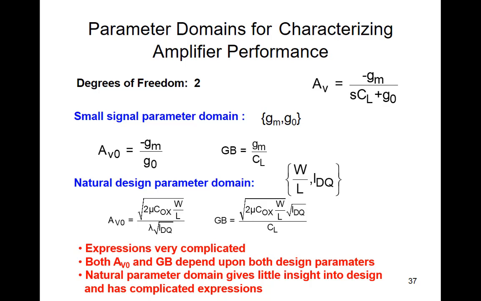Is that clear? So if I change W over L, I change both the gain and the gain bandwidth product. If I change IDQ, I change both the gain and the gain bandwidth product. Is that convenient? No, it's not. If you're trying to optimize the gain or the gain bandwidth product, you change one and the other changes too.